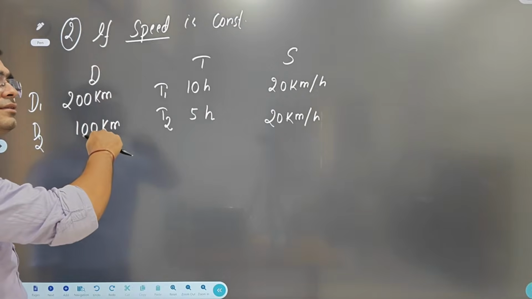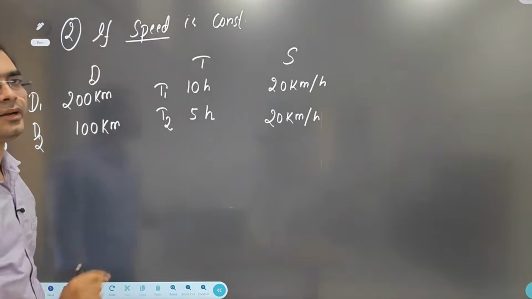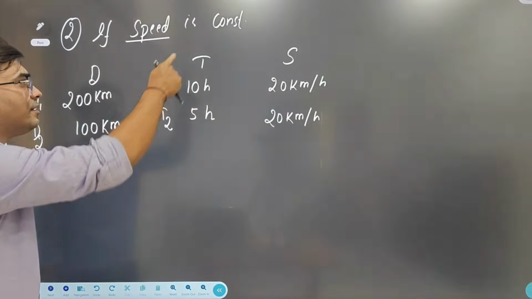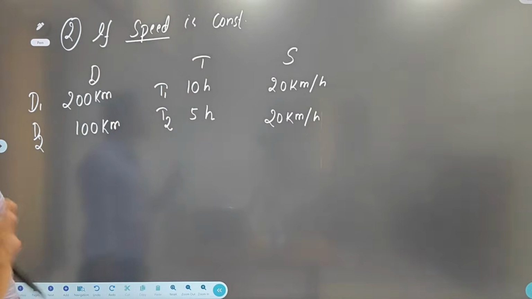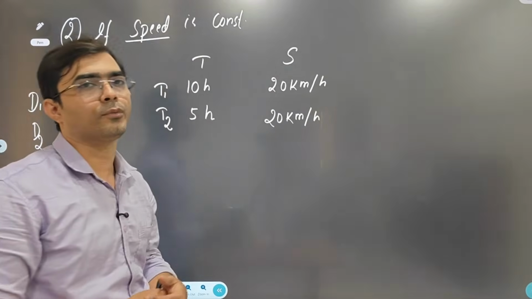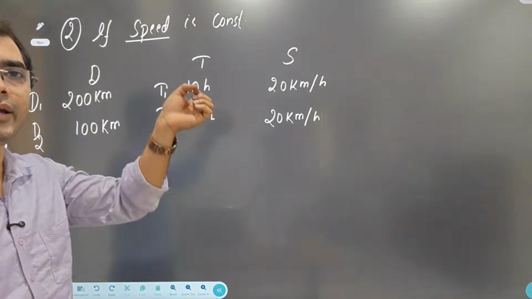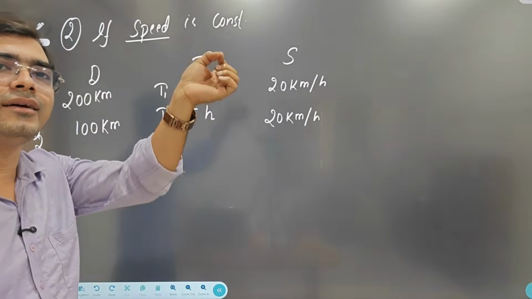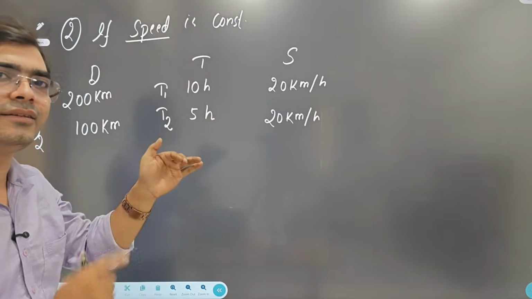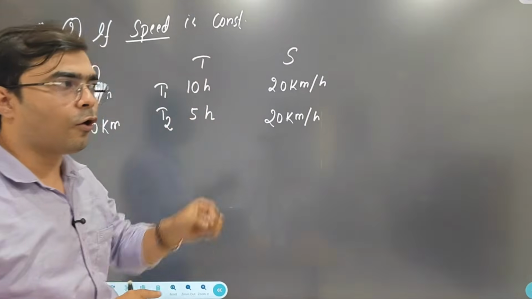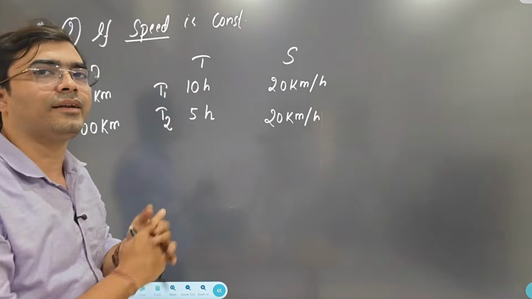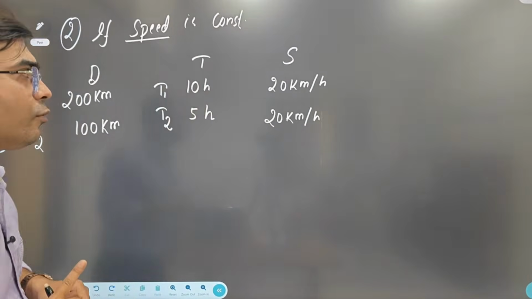If one is increasing, followed by the other also increasing, or if one is decreasing, the other is also decreasing, then the relation is said to be direct proportion. What is inverse proportion? If one quantity is decreasing and the other is increasing, or one is increasing, the other is decreasing, that is called inversely proportional.